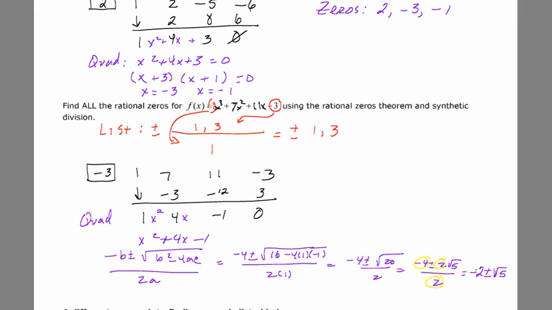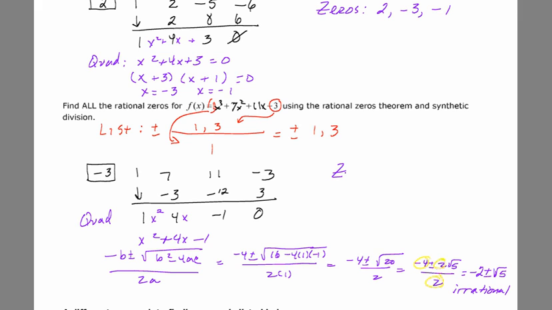These are not rational zeros, and so they won't be obtained from the rational zeros theorem when we list out all the rational zeros. Only rational zeros will come from the list. If you have irrational ones, they'll come from the quadratic formula.